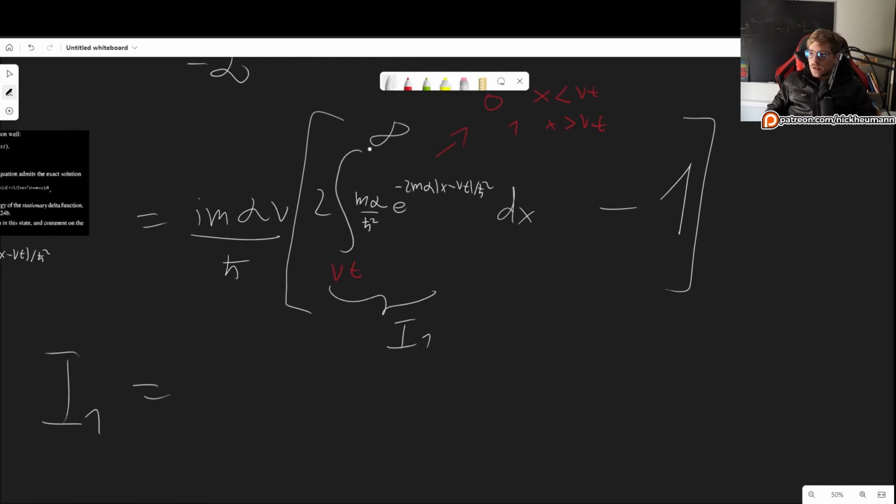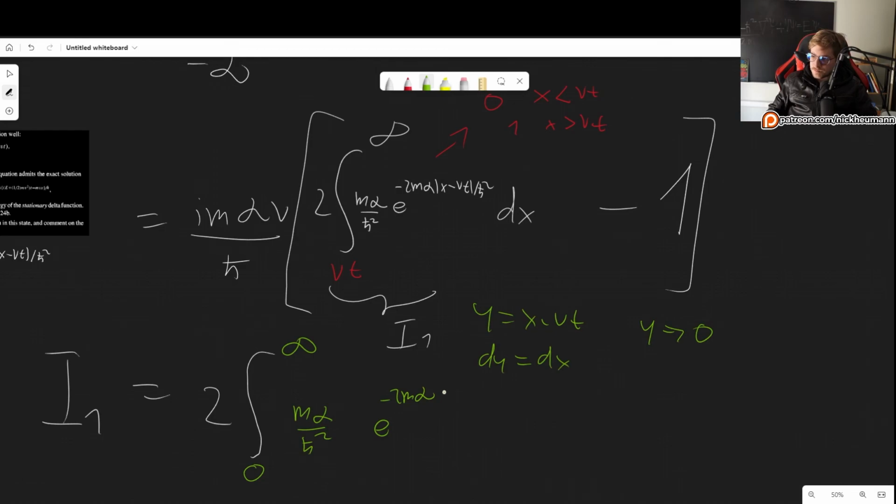Now, we can use a change of variables again. So we have 2 times the integral, and now let's say y is equal to x minus vt, just as before, and thus dy is dx. And the lower limit, when x is vt, means that y is equal to 0. So now our limit goes from 0 to infinity. And this is going to be m alpha over h bar squared e to the minus 2m alpha, and then the absolute value of y over h bar squared dy.